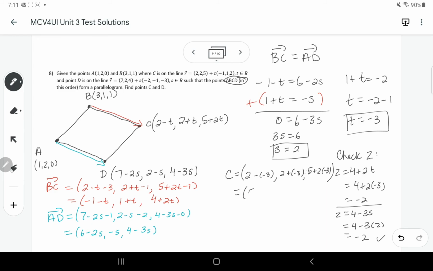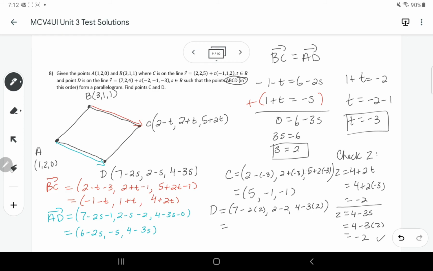So then we get point C is 5, negative 1, negative 1. And then same kind of idea for D. D is going to be 7 minus 2 times 2, and then 2 minus 2, and 4 minus 3 times 2.